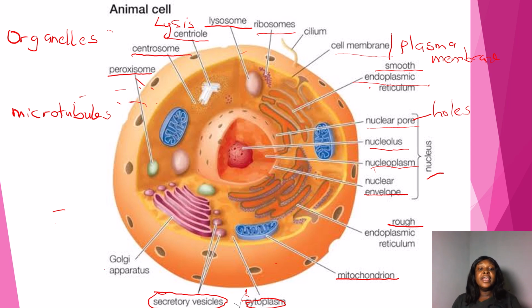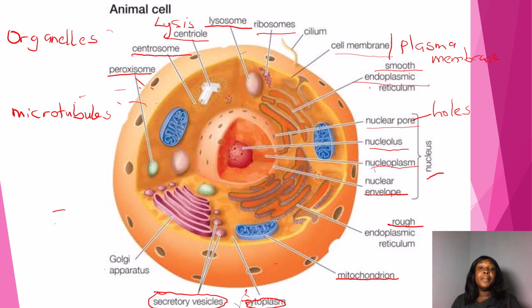Lastly, under this animal cell is the Golgi apparatus. Golgi apparatus is the site for modification, packaging, and transportation of proteins and lipids produced by the cell.